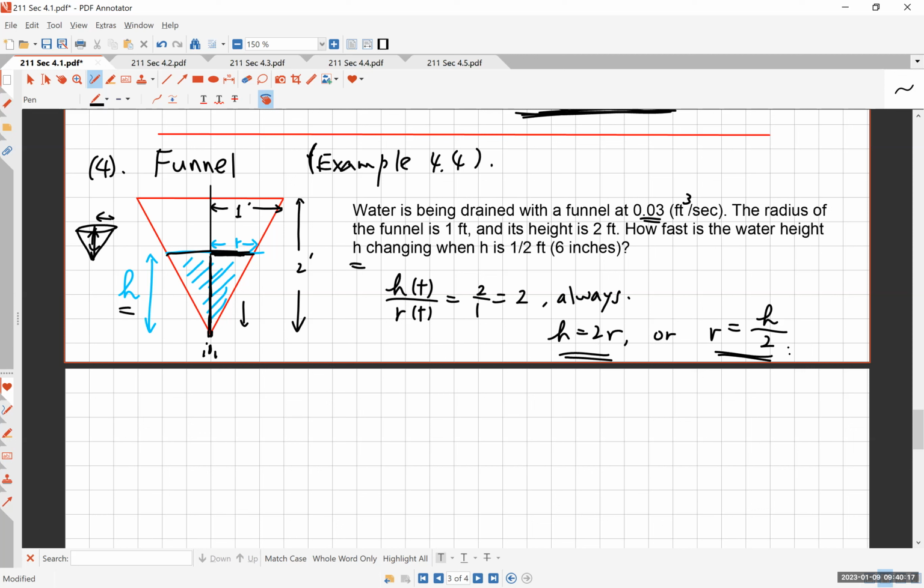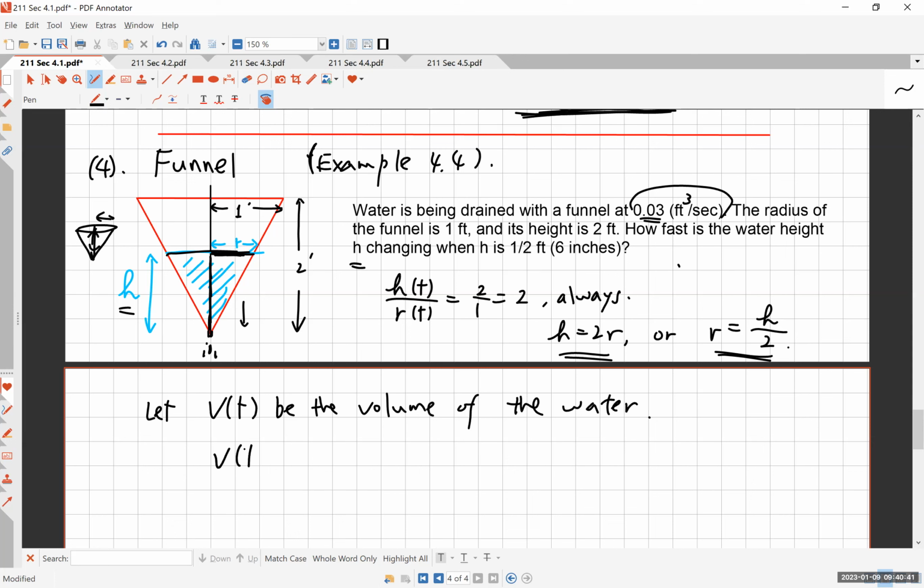Because right now we have several things changing. What do we mean by that? Well, let's go ahead and try to remember what the equation is. See, this is the change in volume, right? So let V be the volume of the water in this funnel.